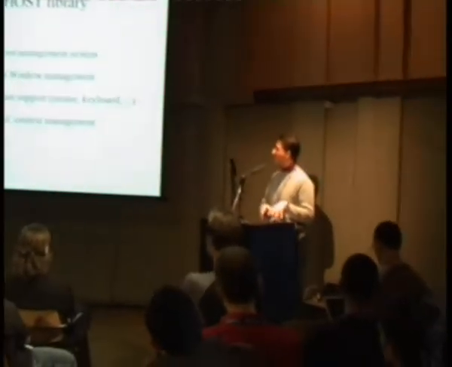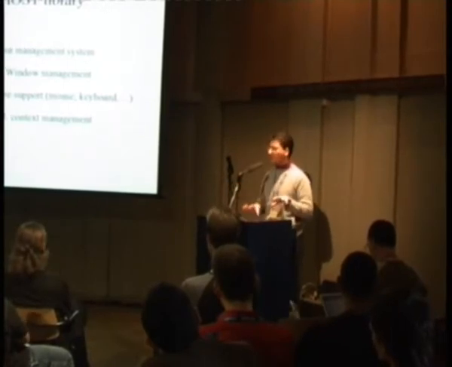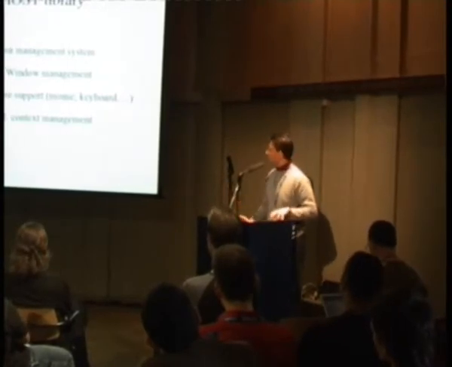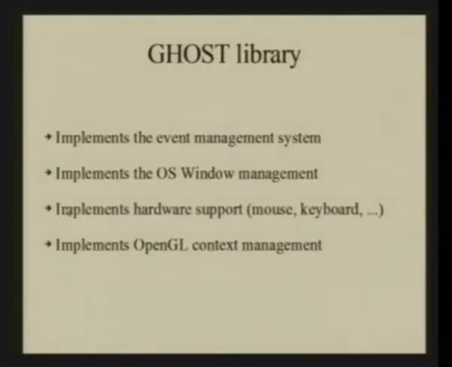In a mobile device, you cannot create many windows, so you have to control it here. You can create only one window, and it will be your application window. Here in the Ghost library is implemented everything related to keyboards, to mouse, and also other hardware, if you want. So for us, that was really important.